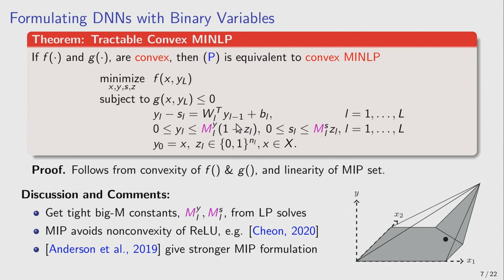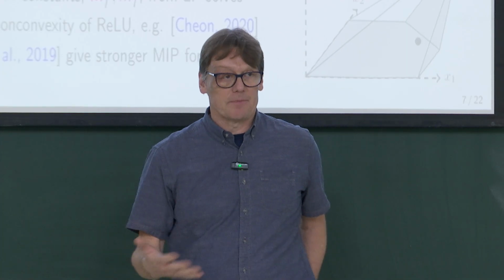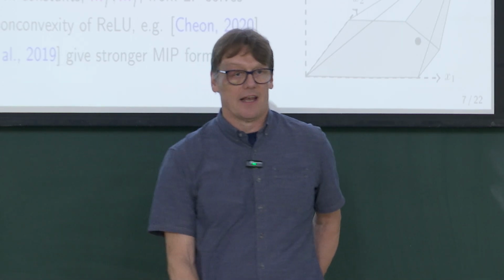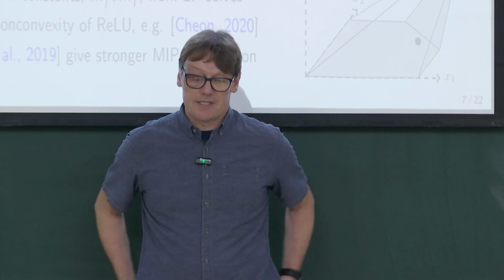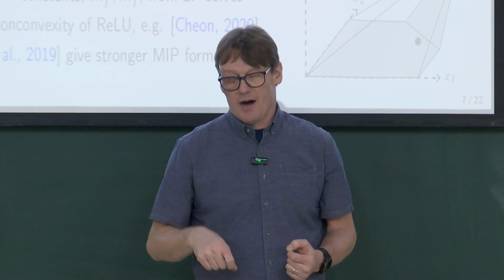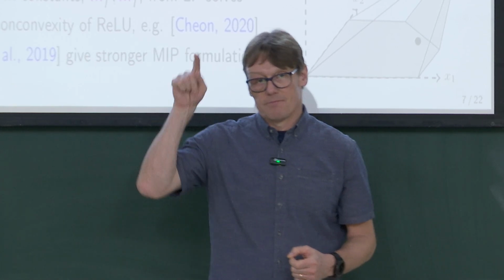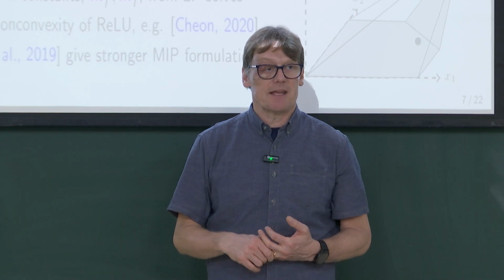So they find the convex hull of this mixed integer set. And this is actually quite hard to do, but once we find the convex hull, then we're guaranteed that if we optimize linear functions over this convex hull, we will find solutions that satisfy the constraints. The convex hull is exponential in the size of this max function, or the dimension of the max function, but they have efficient separation routines.